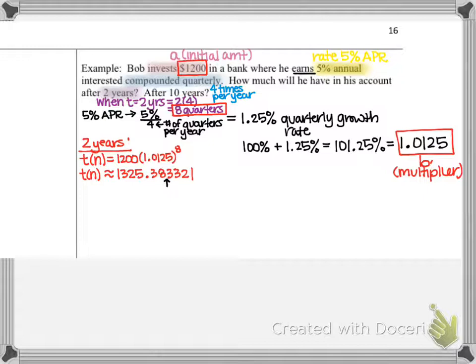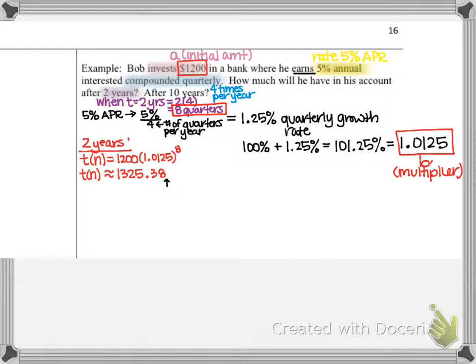Unfortunately though, on the flip side, they're not going to round up if they're giving you money. So we're not going to do any rounding at all in any situation like this, where you're investing money and then they give you money at the end. We're going to truncate. So we go between the second and the third after the decimal, and I'm not going to round. I am just going to chop off the rest of the numbers. It doesn't matter if the next number was a 9. They're not going to round. It's just not going to happen. So there is our answer for the 2 years.